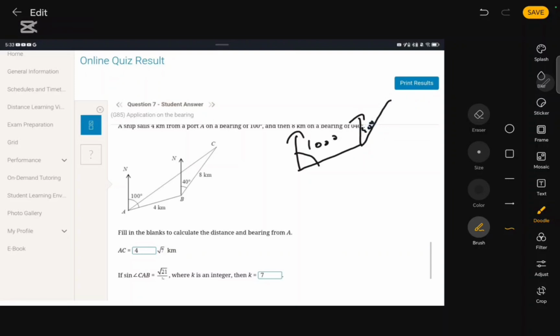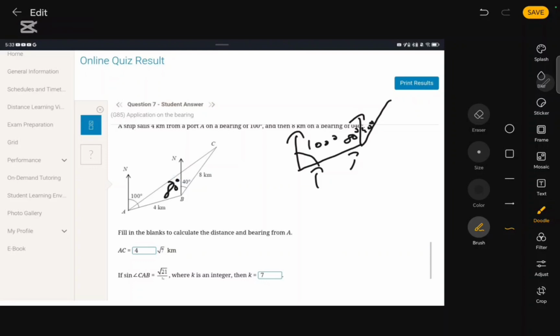Now, when we have parallel lines, the angles over here and over here are co-interior angles. So this one and the 100 are co-interior angles. Co-interior angles are supplementary, so we're going to have 80 over here.